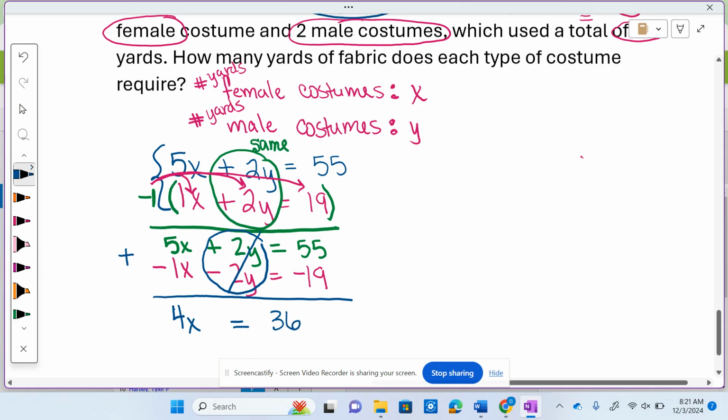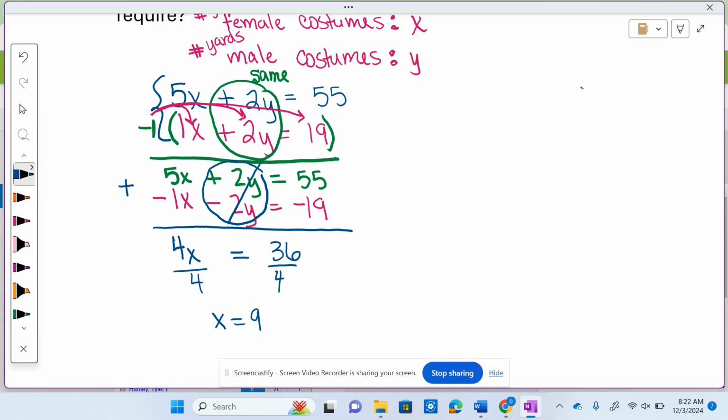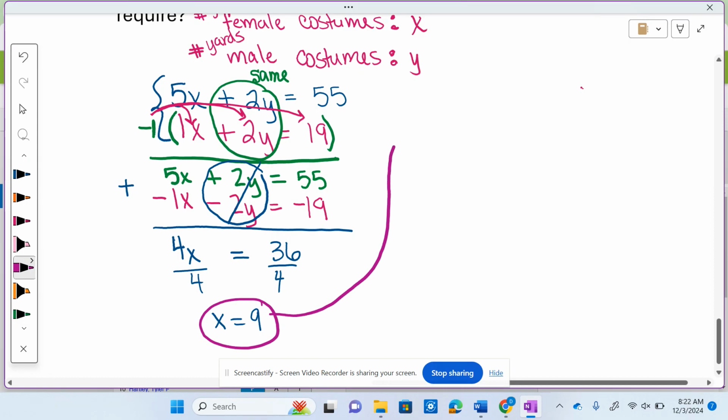Okay. Aiden A, what would you do next? Divide both sides by 4. We find out that x equals 9. Okay, what are we going to do next? Substitute 9 into what equation? Tyler, you're doing great. What equation? The first one.